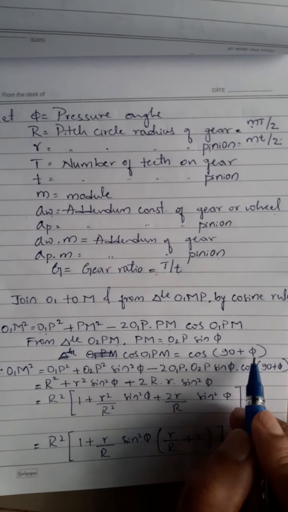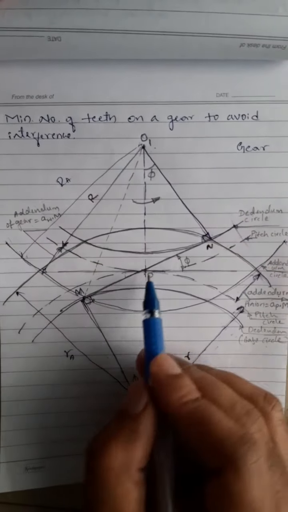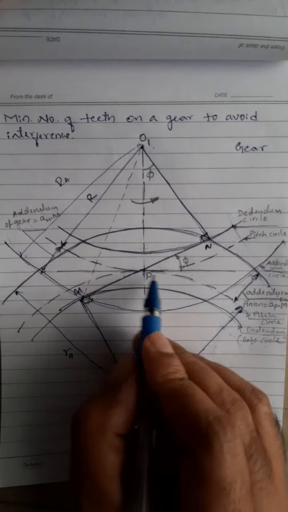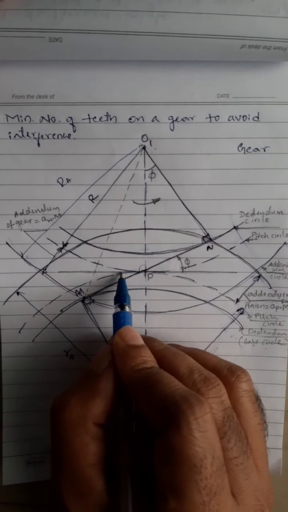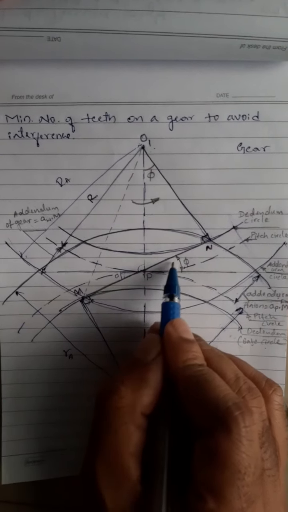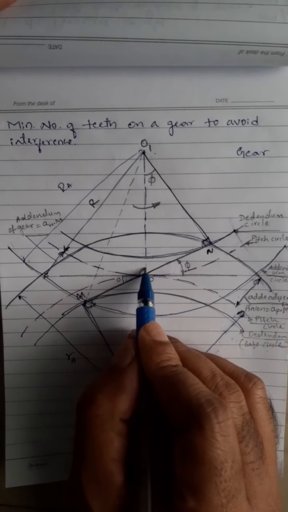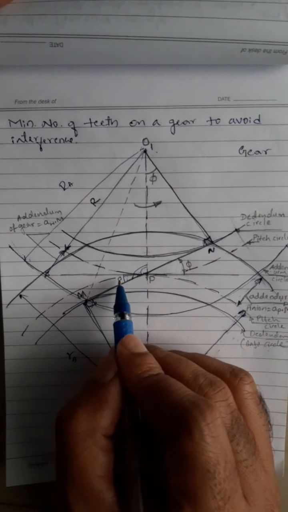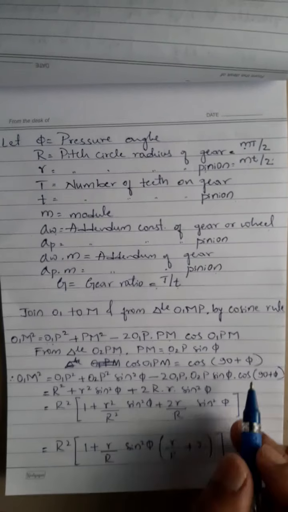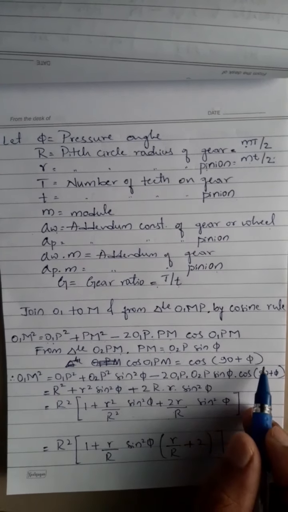So let us see the figure. This is O1PM. Here we have this angle as 90 degrees and this as phi, because the opposite angle is phi. So we can say the whole angle is 90 plus phi. So here we have cos of 90 plus phi.